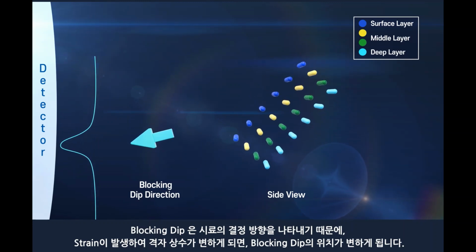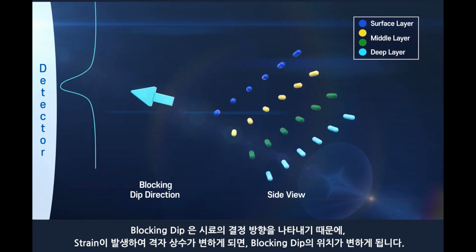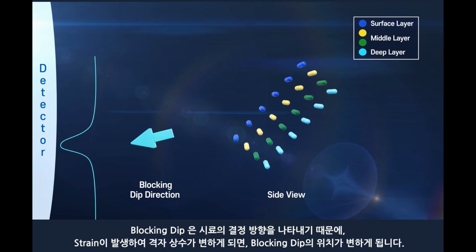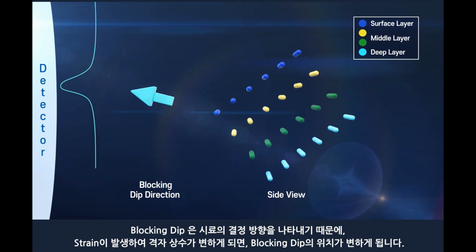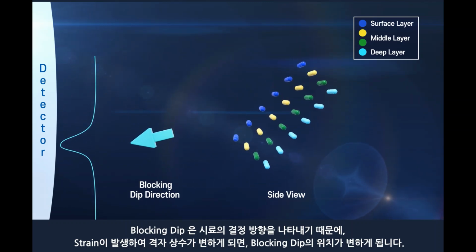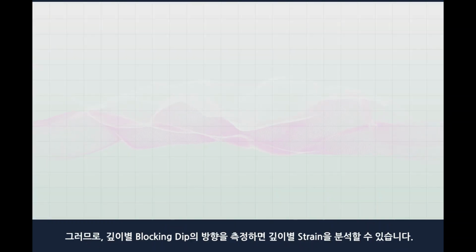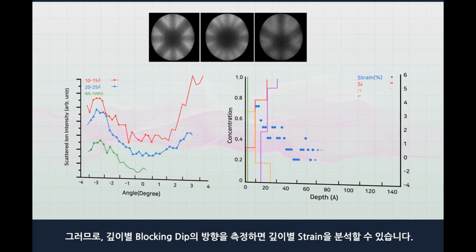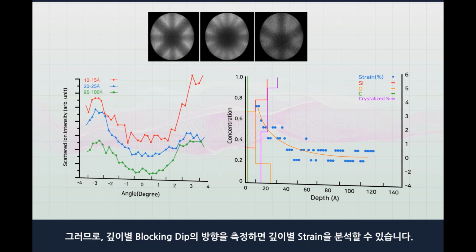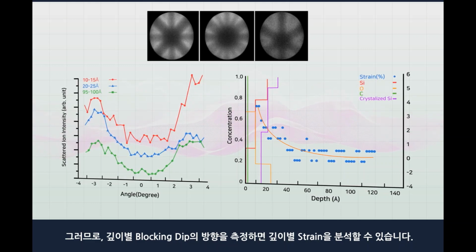Because this blocking dip indicates the lattice direction of the sample, the position of the blocking dip changes when the lattice constant is changed by strain. Therefore, the strain depth profile can be analyzed by measuring the blocking dips at their respective depths.